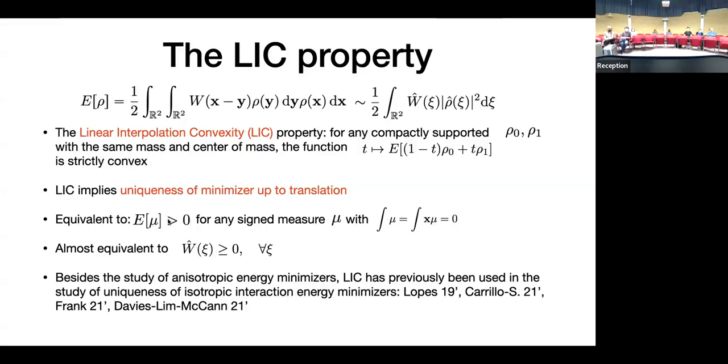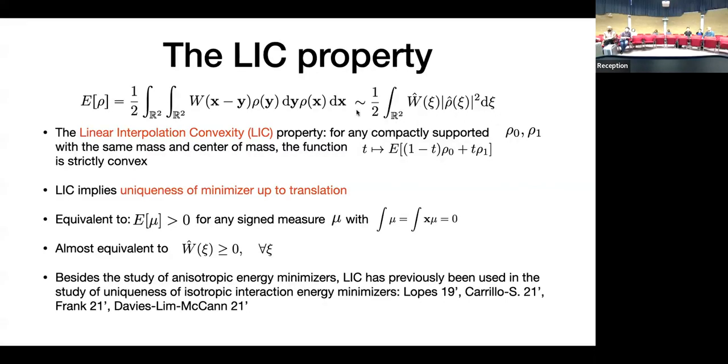Okay, so to check this condition, it's better to rewrite the total energy into a different form by using the Fourier transform. Because here, it is actually the inner product of W convolved rho with rho. So you use the Fourier transform to go to the Fourier side, and convolution becomes product. At least formally speaking, it becomes the integral of W hat times rho hat squared.